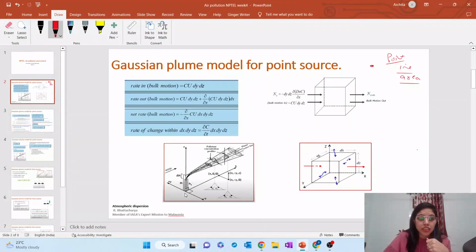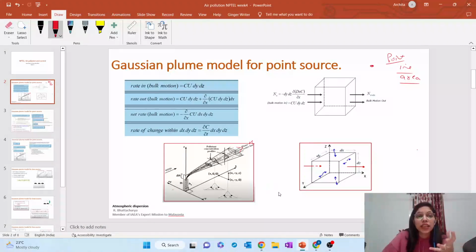This is the stack of height hs, and this delta h is the height that the plume has risen. Capital H is the total height, and z is the direction of buoyancy. Then this is the plume center line, this is the x direction, this is y perpendicular, and this is the z direction. So this is how the trajectory of the plume is shown.